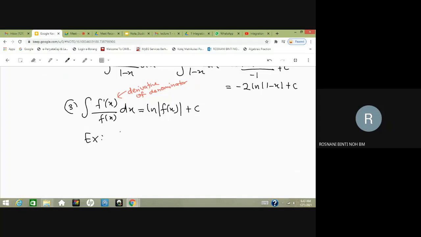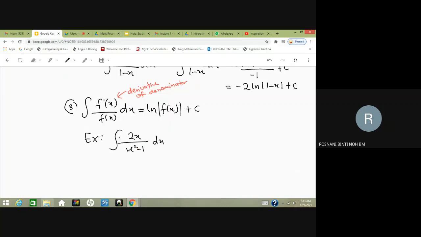Let me use 2x only, sorry. Let's change the version. Integration of 2x over x squared minus 1.